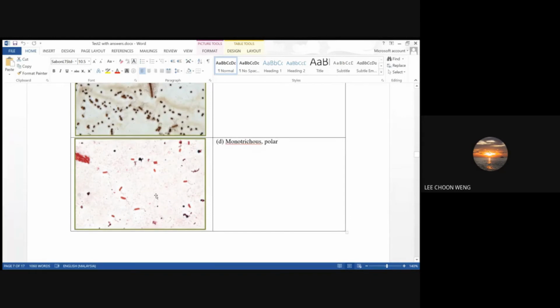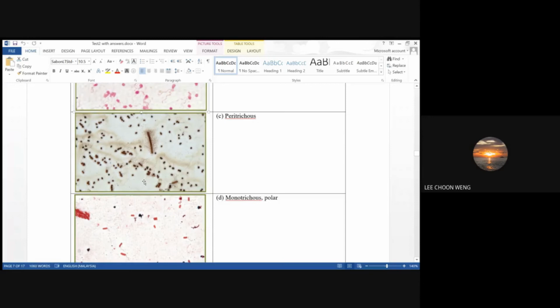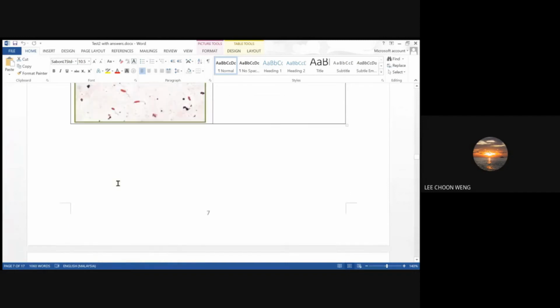Because flagella staining is difficult, most of the time we determine motility from the agar and also look under the microscope to see whether the bacteria is swimming across the field.